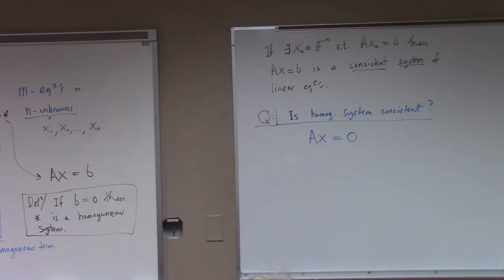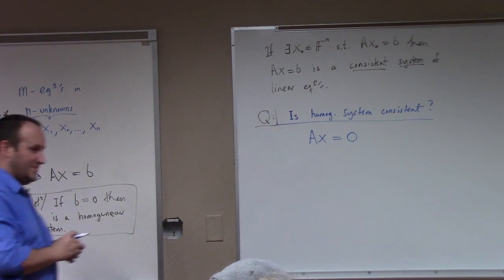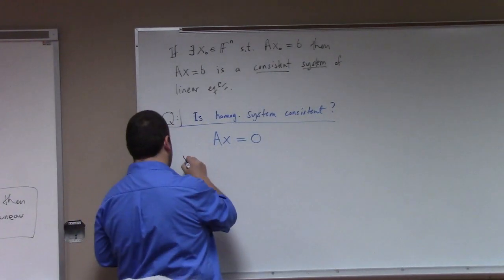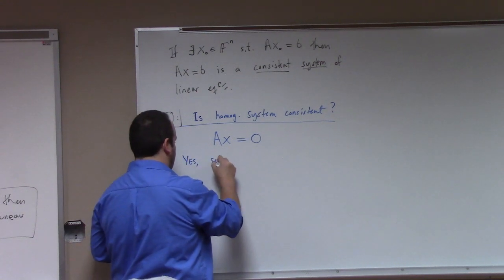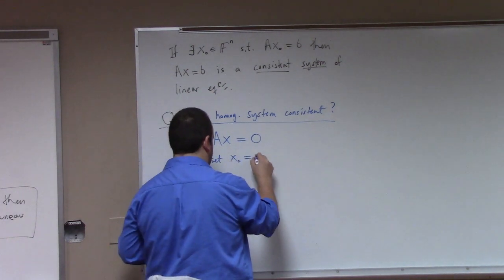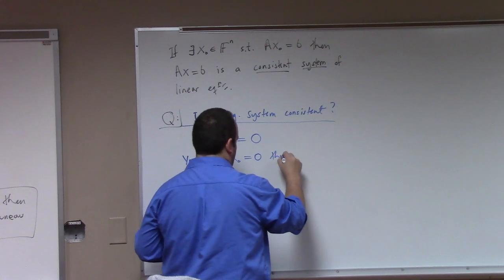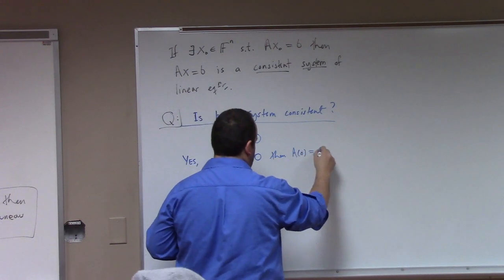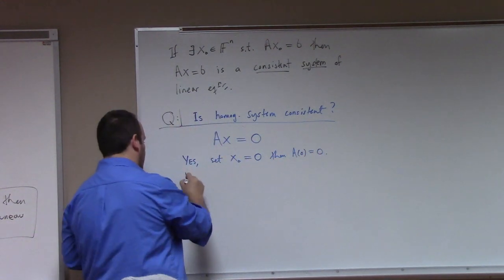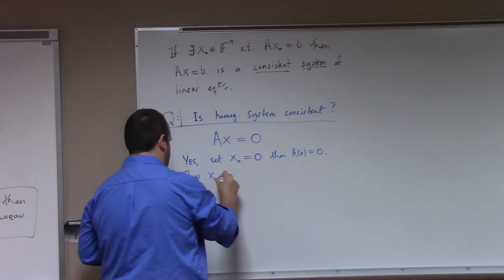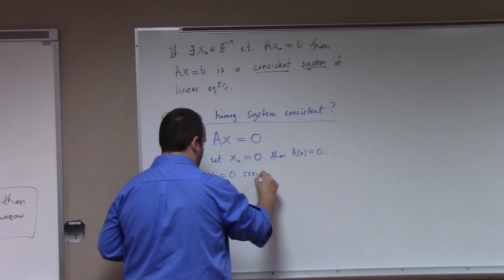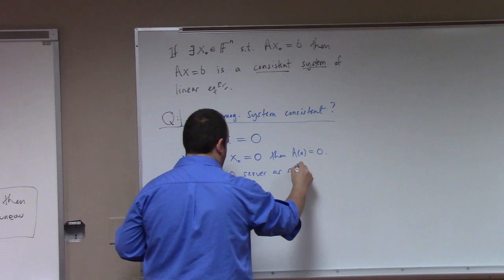X naught equals to what? 0, right. So, yes, set x naught equals 0, then A times 0 equals 0, right? Therefore, x naught equals 0 serves as a solution to star.